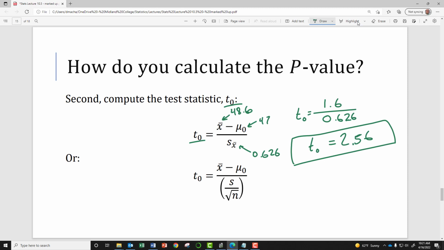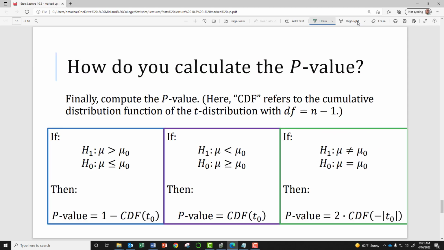So I've calculated my test statistic, and then just like in the last video, we have 3 different cases. Either this is a right-tailed test where I'm hypothesizing that my mean is greater than a certain value. It's a left-tailed test, because maybe I'm hypothesizing that my mean is less than a certain value. Or maybe it's a two-tailed test, because I'm just hypothesizing that my mean is not equal to a certain value.